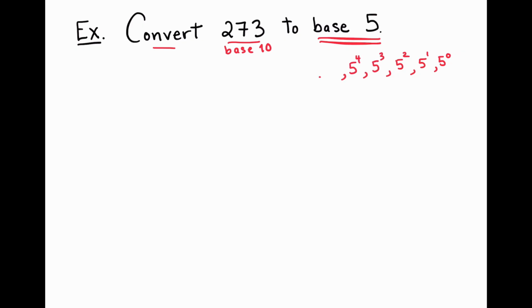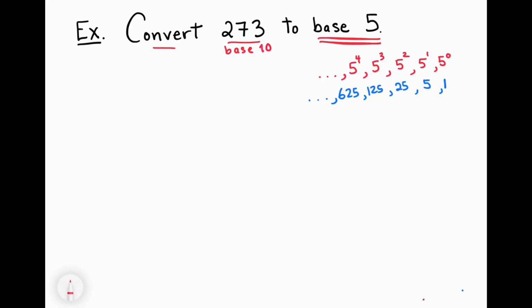I'm also going to write down the values of these numbers. So 5 to the 0 is 1, then 5, then 25, 5 cubed is 125, and 5 to the 4th is 625, etc.